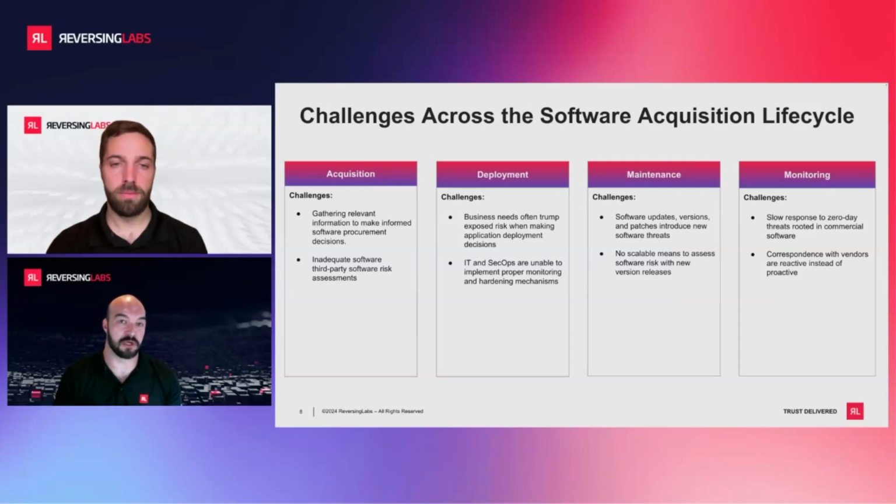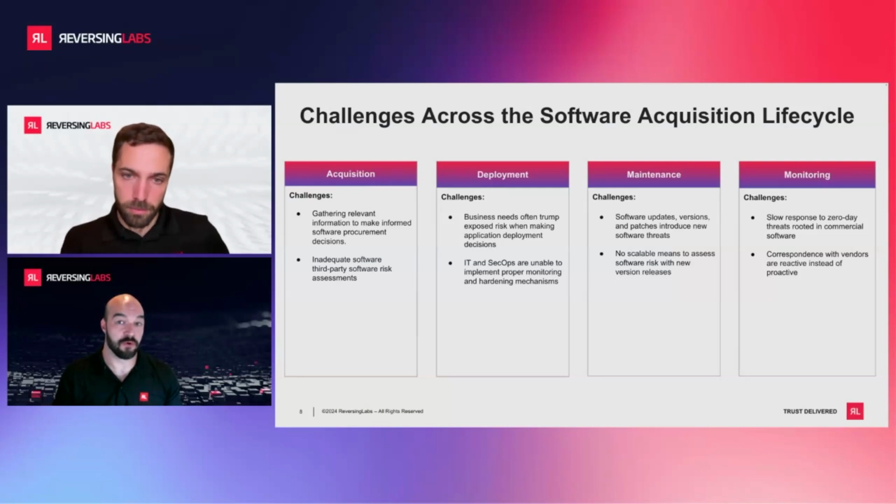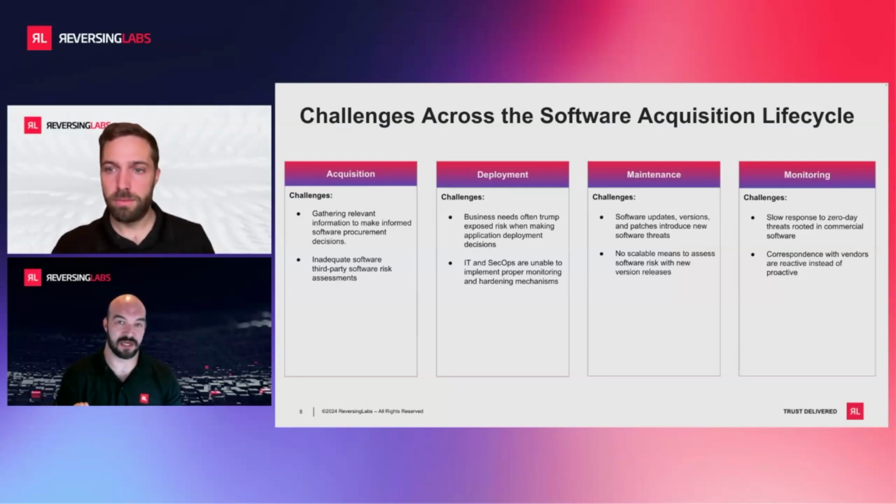They might provide a broad stroke risk exposure viewpoint, but the inherent gap is that they fail to actually decipher within the software package itself, what are the embedded threats and risks that I need to be worried about?